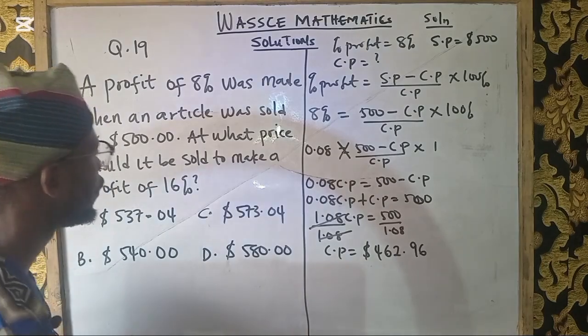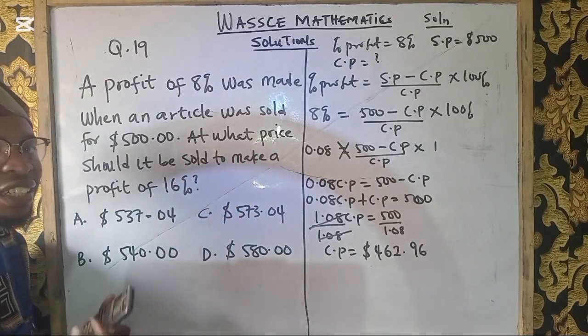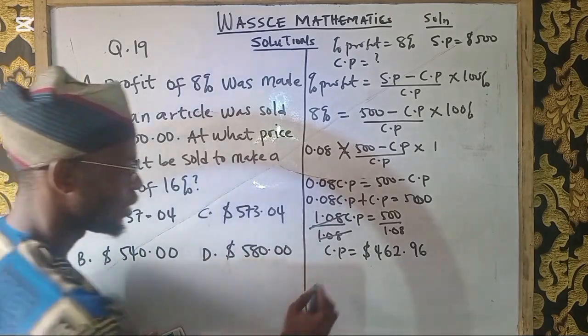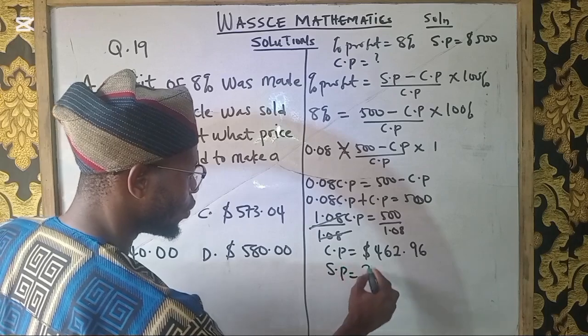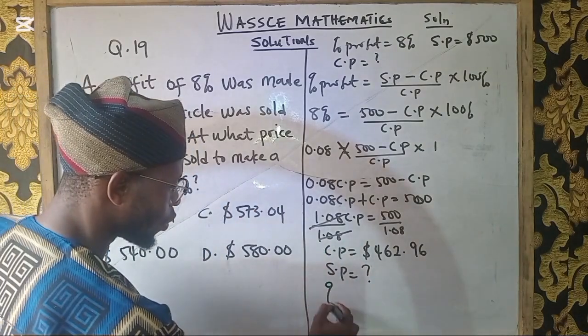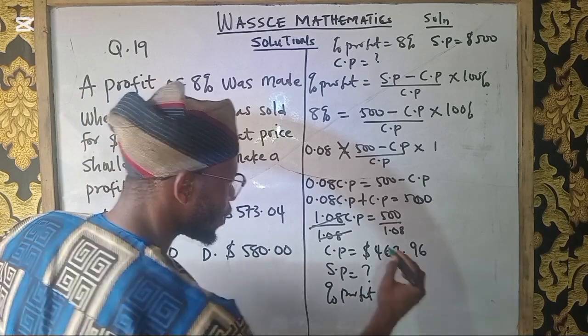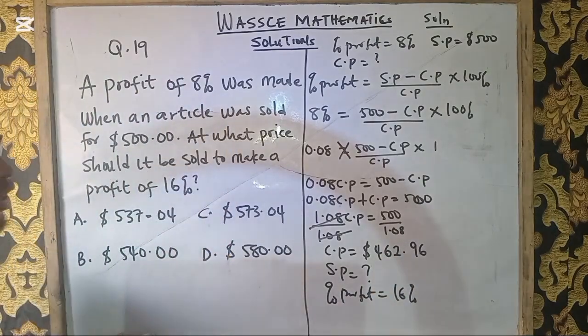So what we are looking for is at what price should it be sold. So now we are looking for the new selling price. The selling price is unknown. To make a profit, the percentage profit was also given. A new percentage profit was 16%. So in this case, I'm looking for the selling price. Okay, my board is too small.